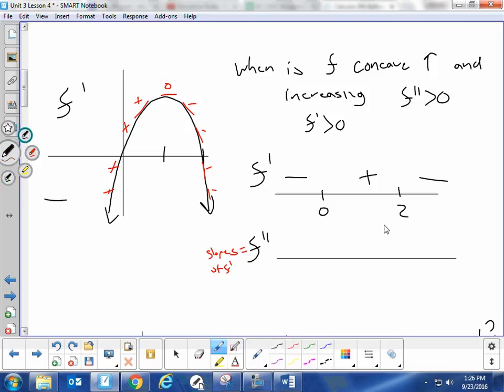We are looking at positives to a 0 to negatives. When is the second derivative positive? Here. And the first derivative positive? Here. That'd be between 0 and 1.